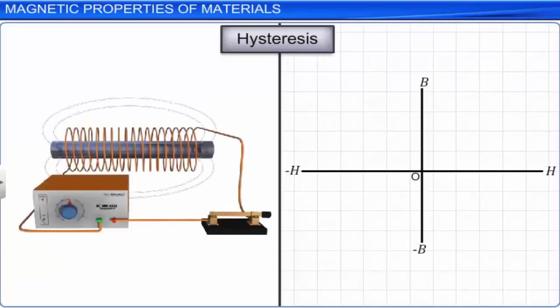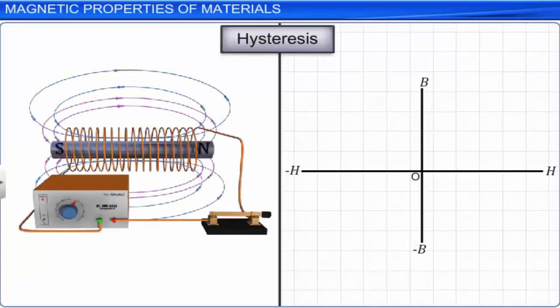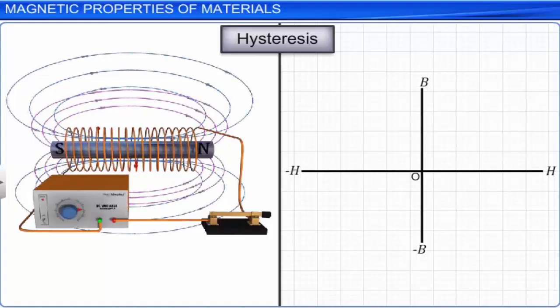When the current passing through the solenoid increases, the magnetic field in the core of the solenoid, H, also increases. As a result, the magnetic field strength B in the ferromagnetic material placed in the solenoid also increases. This is represented by the curve OP in the graph, which shows the alignment and merger of domains, and no further enhancement is possible after this.